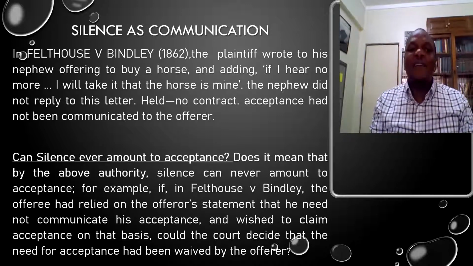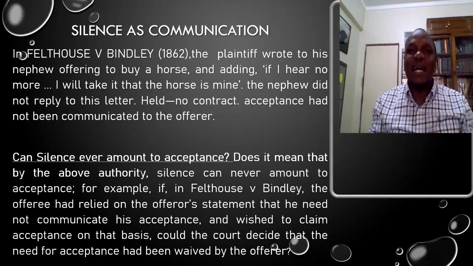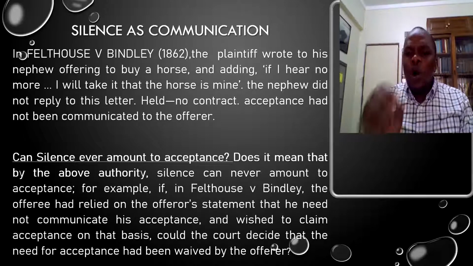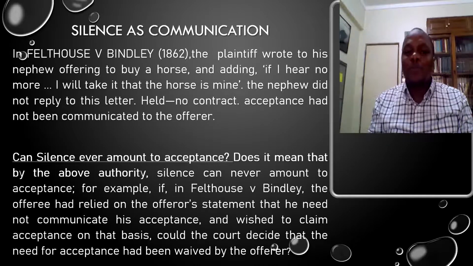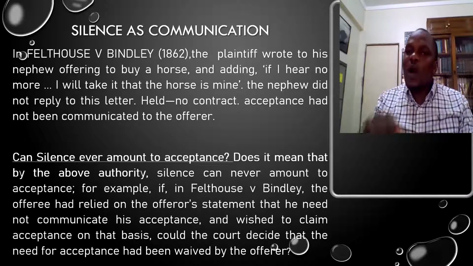The nephew did not reply to this letter. A dispute ensued, and it went to court. The court held that no contract had been formed because acceptance had not been communicated to the offeror. That's why communication is very important.